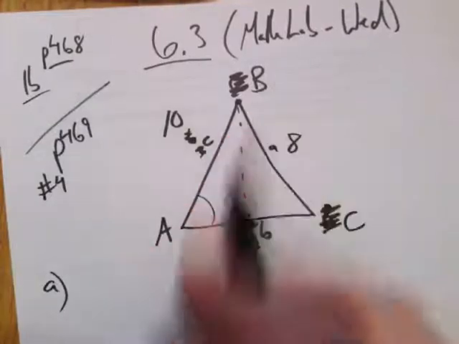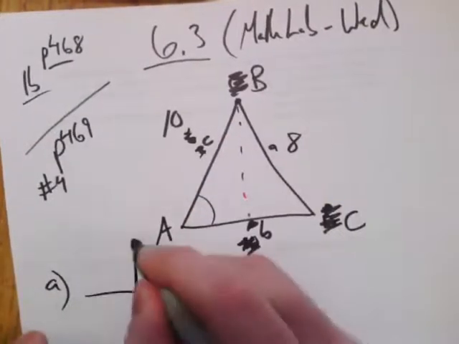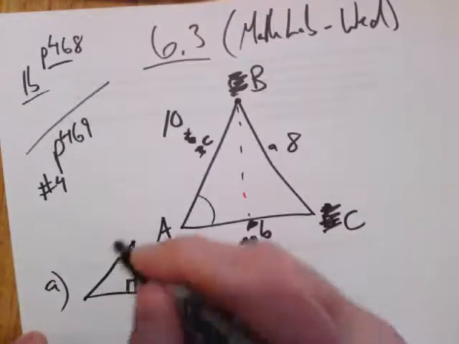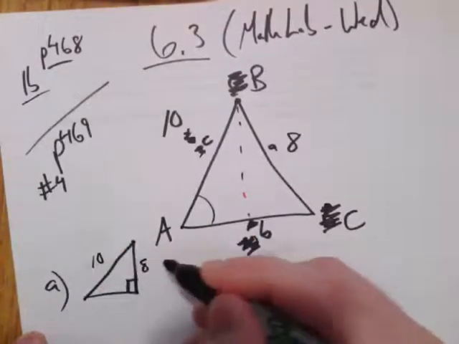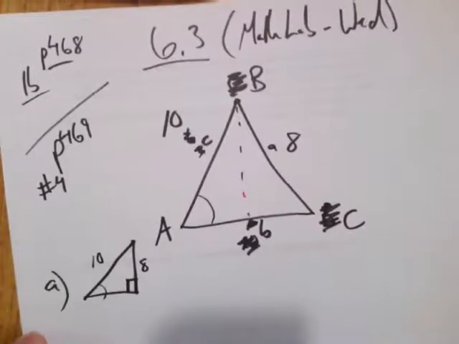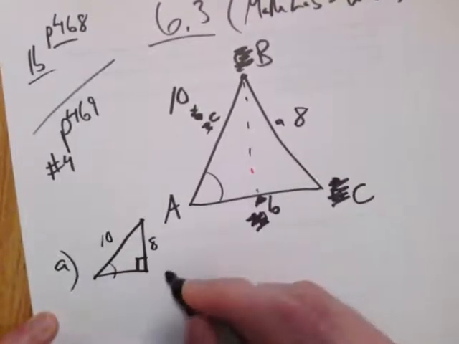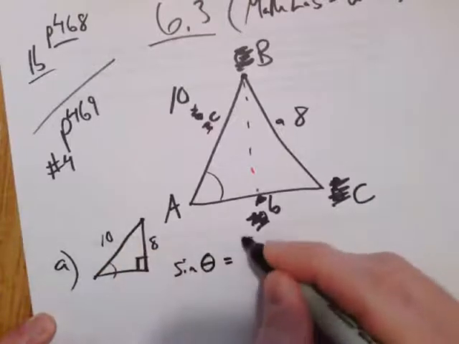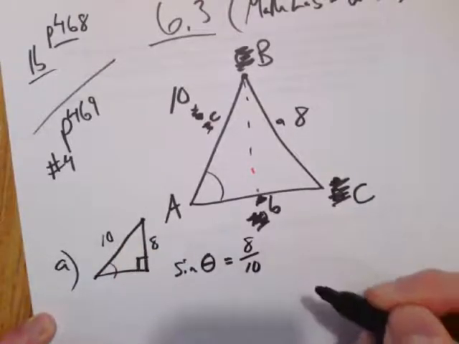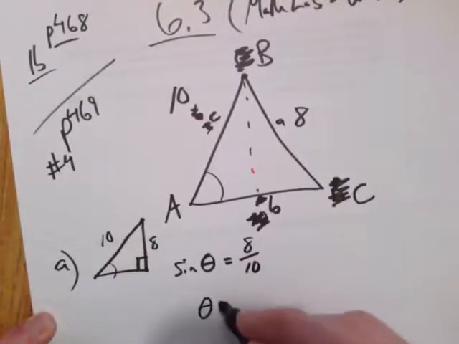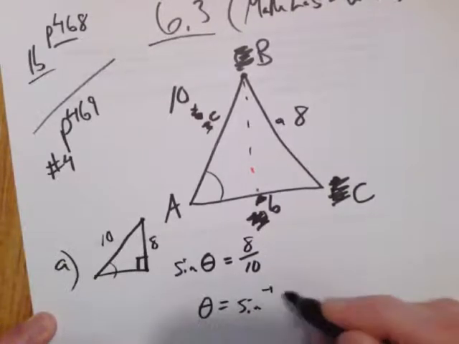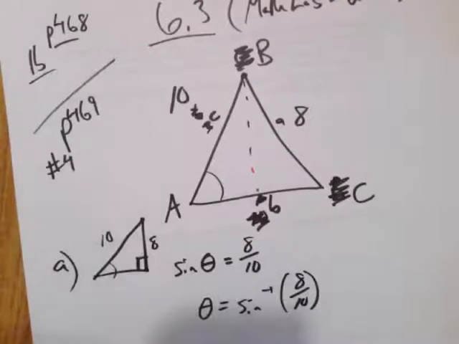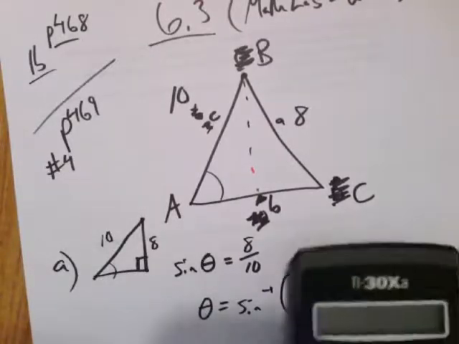Imagine we have this right angle triangle. Hypotenuse is 10, opposite side is 8. Now we've got to solve for this angle. Sine of theta equals opposite over hypotenuse, that's 8 over 10. Theta equals the inverse sine of 8 over 10, which is 0.8.